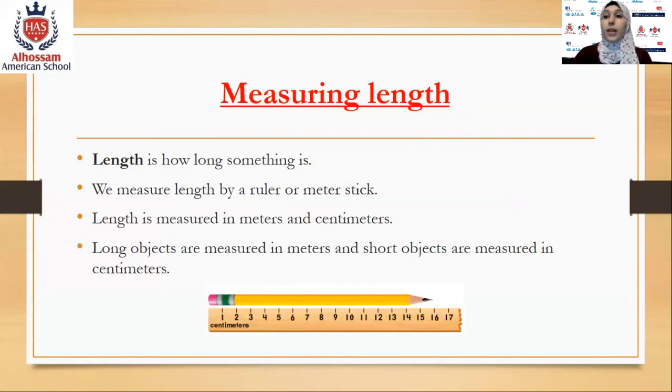First, we talked about length, measuring length, how to measure the length of matter. First of all, what's meant by length? Length is how long something is. And length is measured by a ruler or a meter stick.